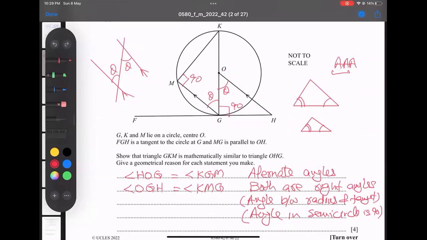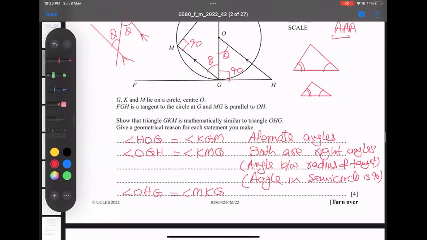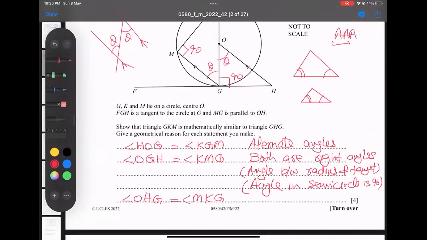So I'm pronouncing angle OHG is equal to angle MKG. The reason: supplementary angles, we can say, because two angles are equal, then the third is automatically equal. Supplementary means adding them gives you 180 degrees. Supplementary angles.